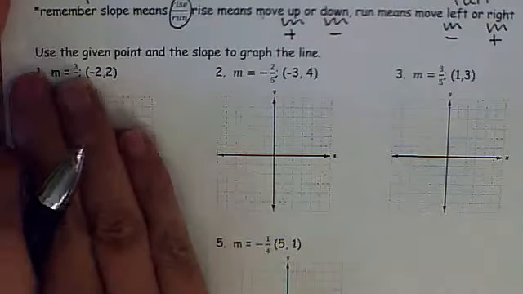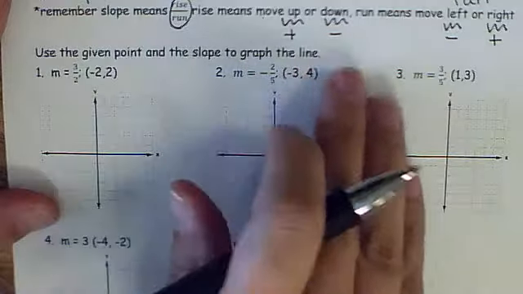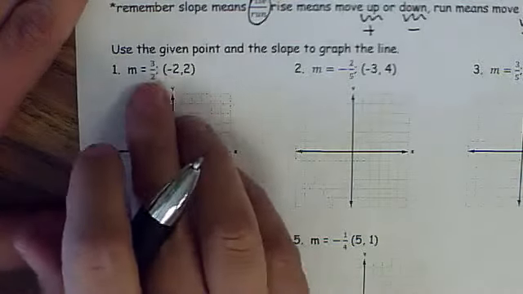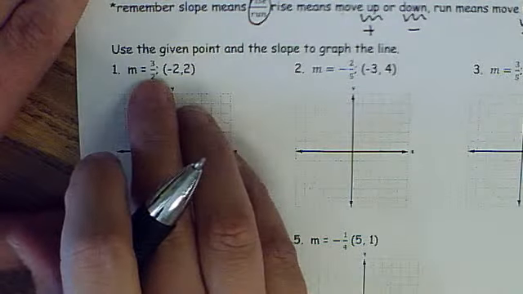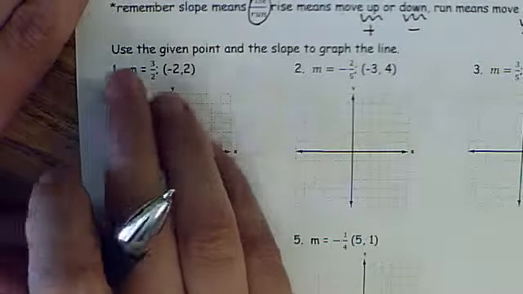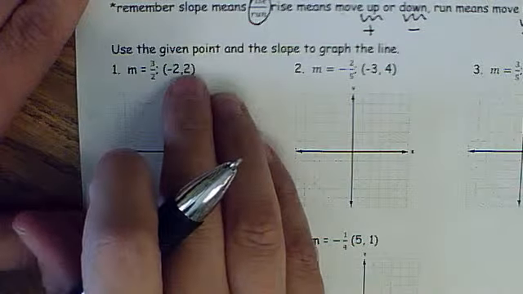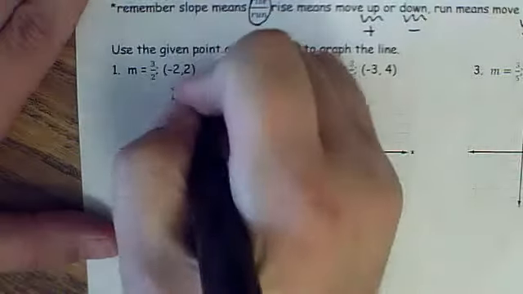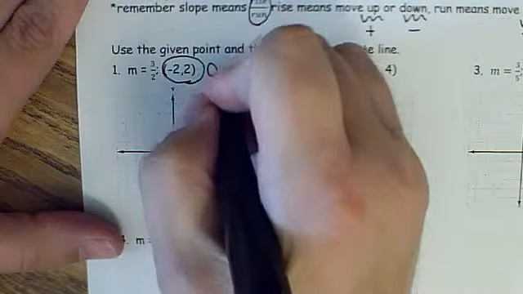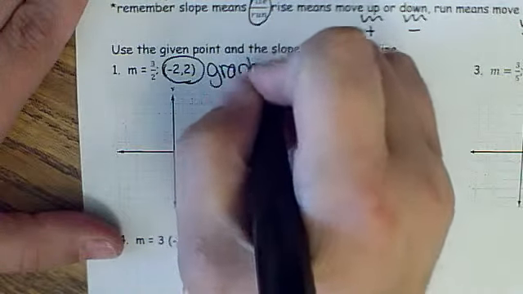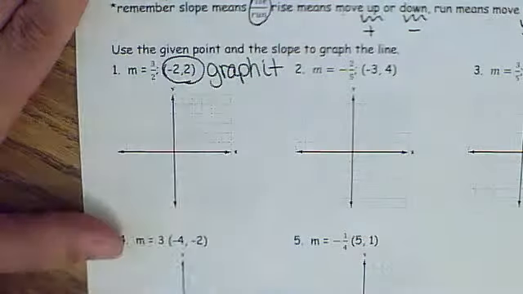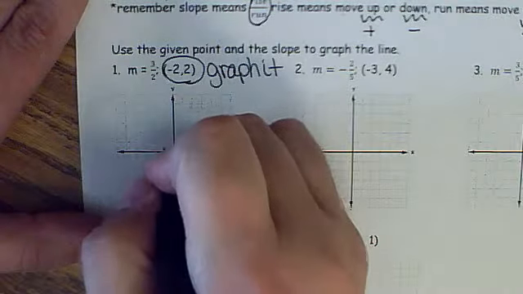What we're going to be doing today is using the given point and the slope to graph the line. Looking at number 1, we have M equals 3 over 2. Remember, M stands for slope. So slope equals 3 over 2, and we have the point negative 2, 2. The way we do this is we take this point and we graph it. Ignore the slope for a minute and just graph negative 2, 2.